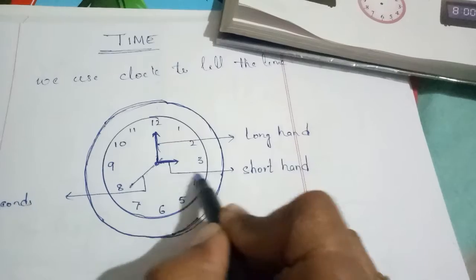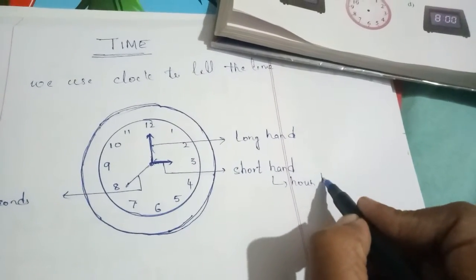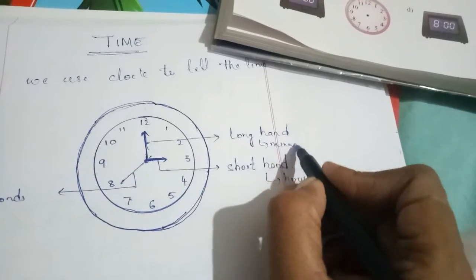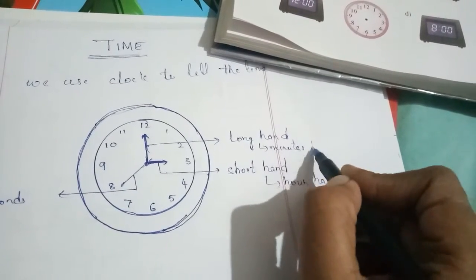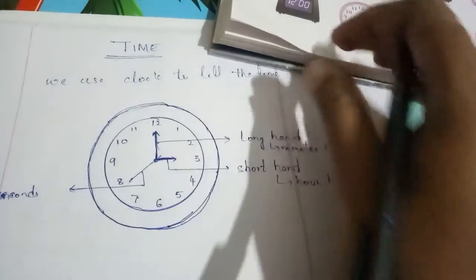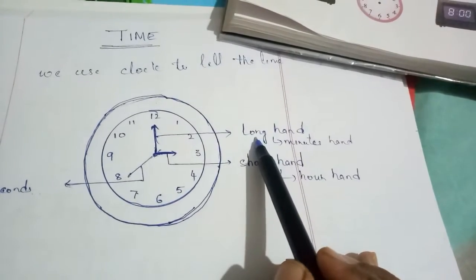This short hand is the hours hand. This long hand is the minutes hand. This is a seconds hand. Now you understood? Short hand, long hand.